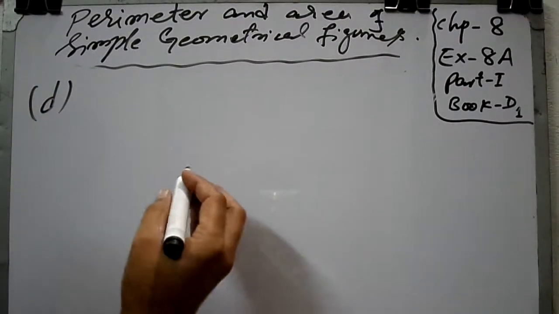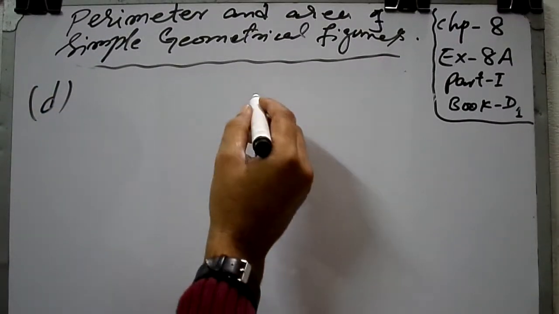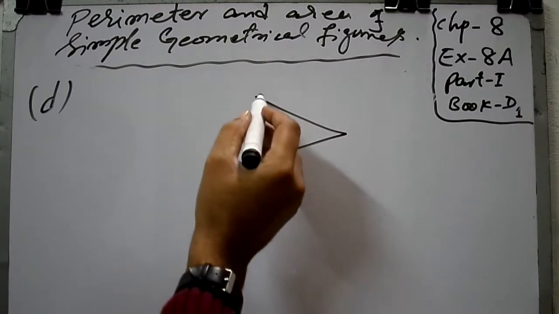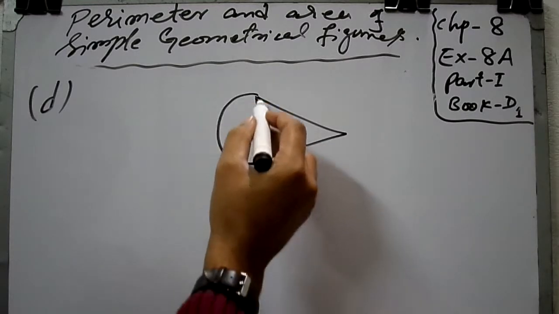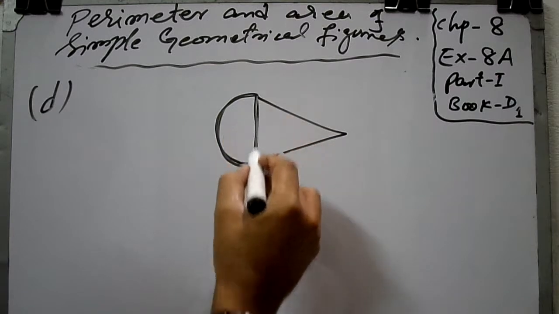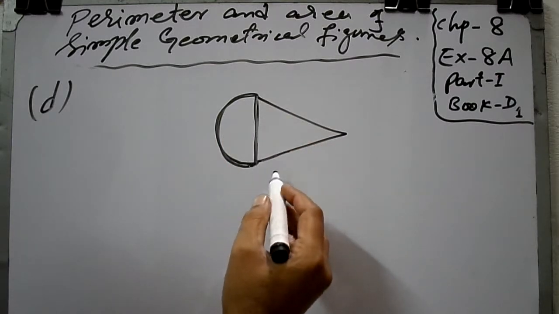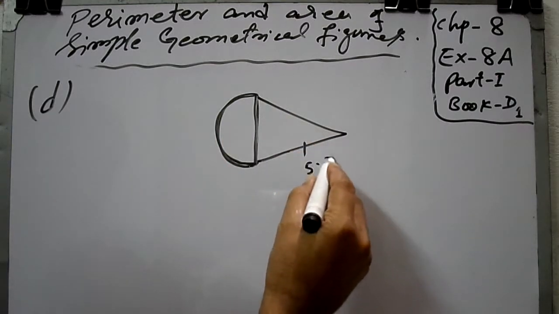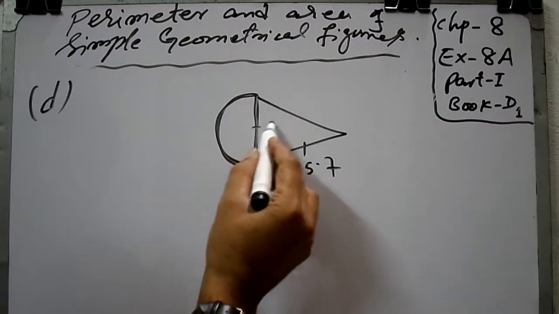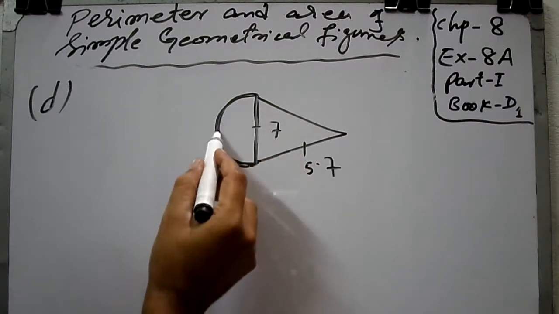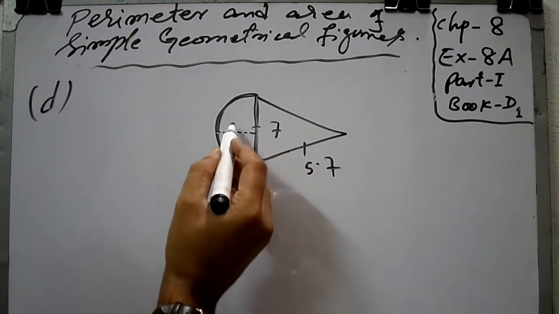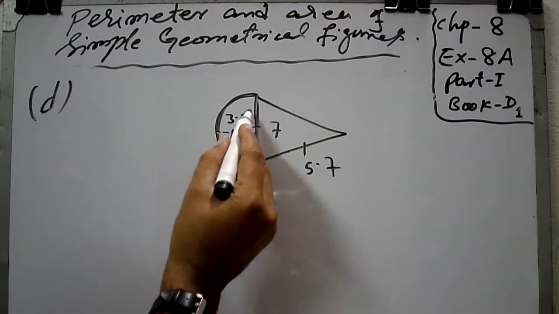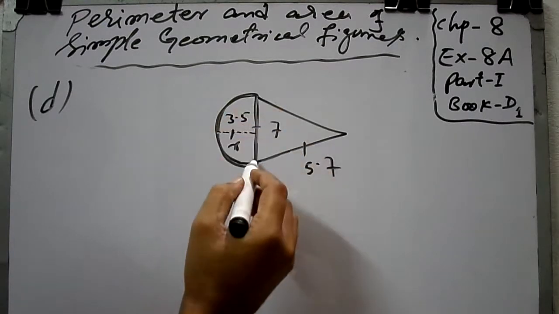In D part, you can see this type of figure. That is your triangle, but here you have a semicircle also. So the value of this is 5.7, and this is 7, and the value of this one is 3.5. 3.5, that is your radius. This is your diameter.